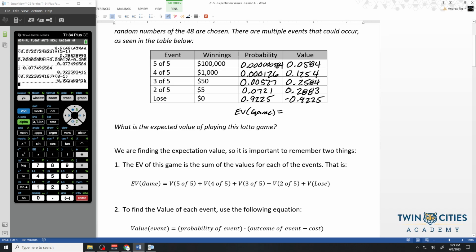That's going to be all of these different values added together. 0.0584 plus 0.1254 plus 0.2584 plus 0.2883 plus negative 0.9225.